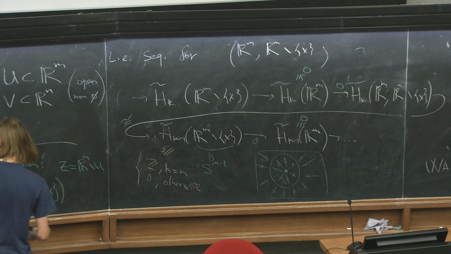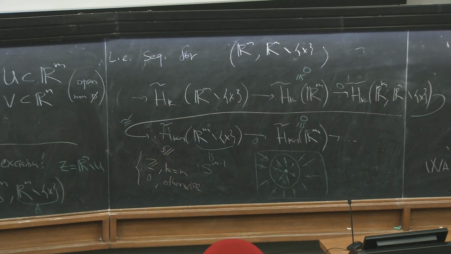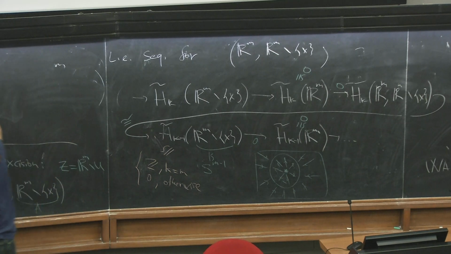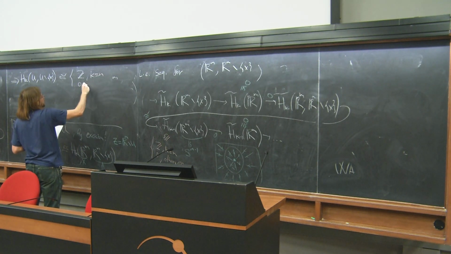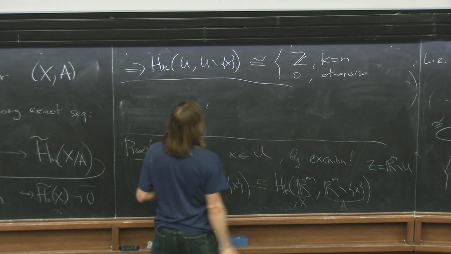So to summarize what we learned from this long exact sequence and this isomorphism: Hk of U relative to U minus x, where for relative groups reduced doesn't do anything, is isomorphic to Z when k equals m and 0 otherwise. Remember this.